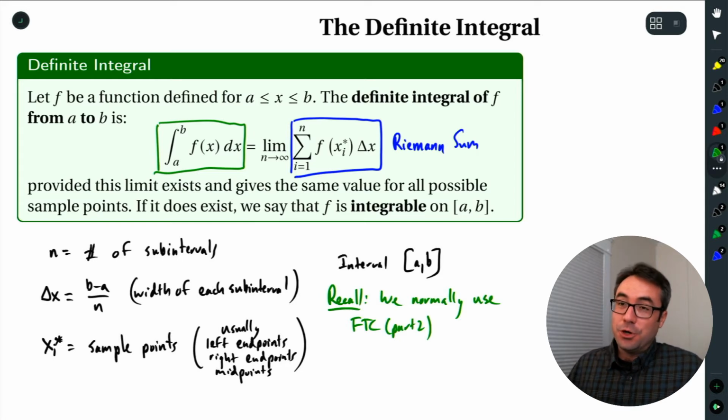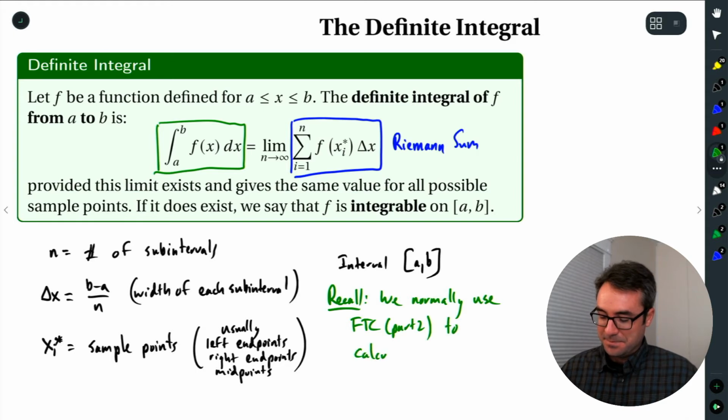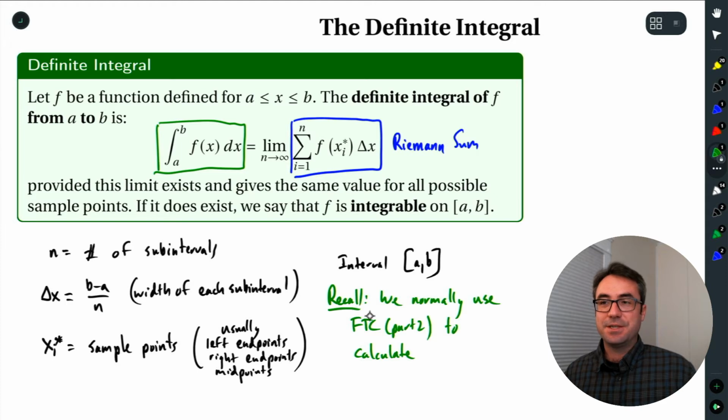So we could technically do it from this limit definition. If we can calculate a definite integral, then we should be able to calculate the limit of the Riemann sums. But this is normally pretty difficult to do from this definition. So the way we normally calculate definite integrals is to use the fundamental theorem of calculus part 2.